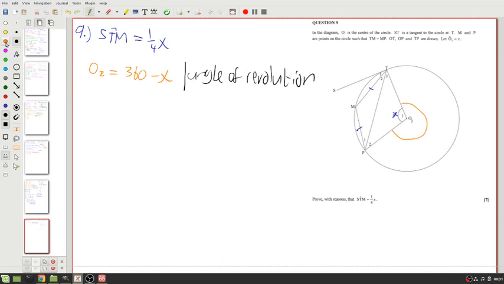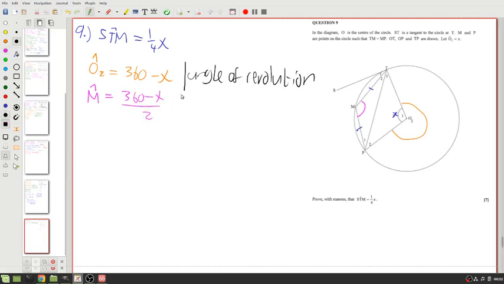Okay, so that was the first part. Now, once we know that, we can see that this angle will be double this angle. So that angle will be half of this big one. So we can say that angle M is equal to half of angle O2. So angle M is 360 minus X divided by 2.